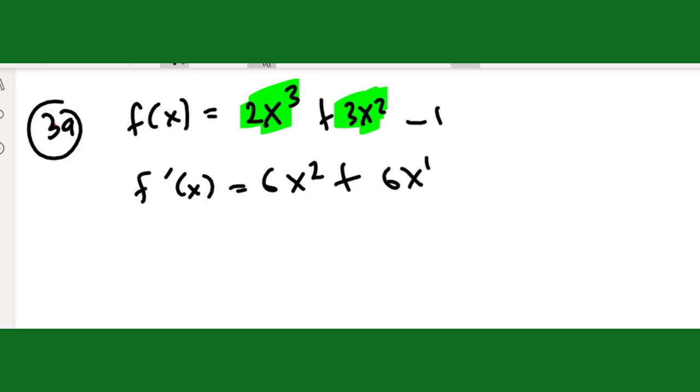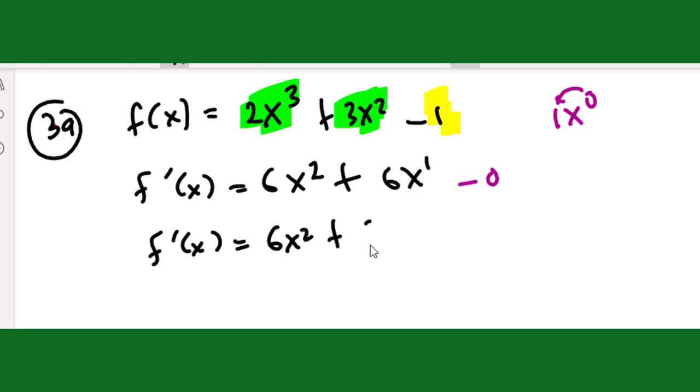And the constant is equal to 1 times x to the power 0. When differentiating, 0 times 1 is 0. Then the answer is f prime of x equals 6x squared plus 6x.